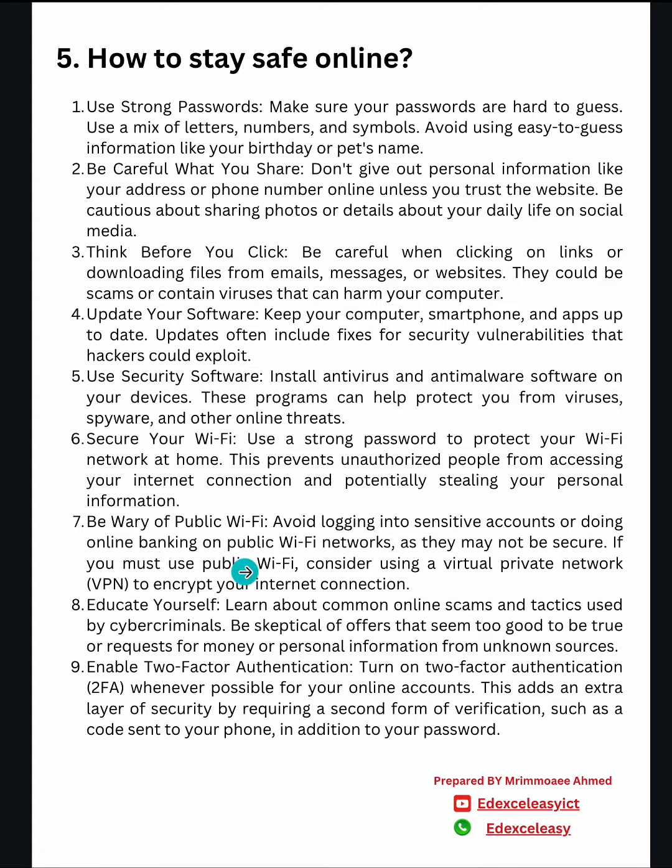Be wary of public Wi-Fi. This one is actually when we go to the market, we can find some Wi-Fi available, a public Wi-Fi, but public Wi-Fi is not safe. Why? Because I already said that if a hacker can get the IP address of your device, it will be easier for them to enter your device and look at whatever you are doing.